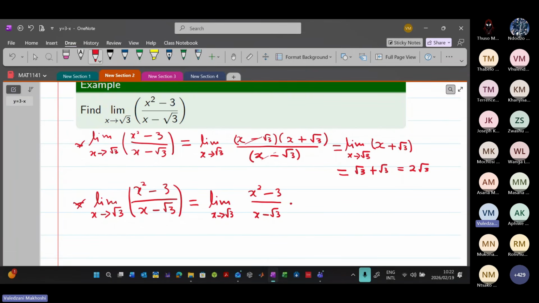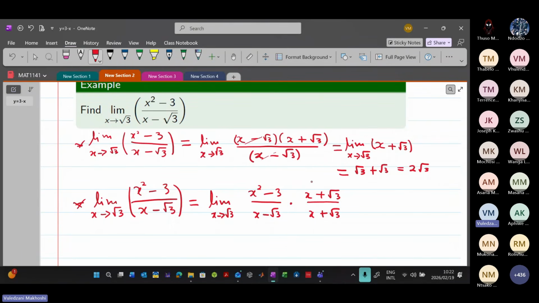We multiply by 1, or we rationalize the denominator. So we have x plus square root of 3 over x plus square root of 3.